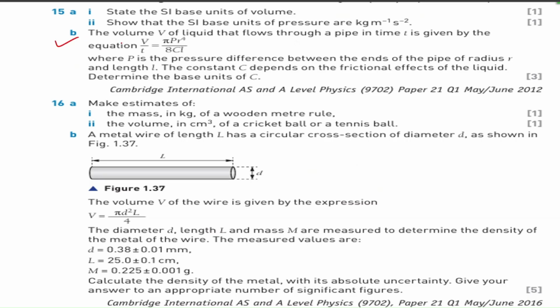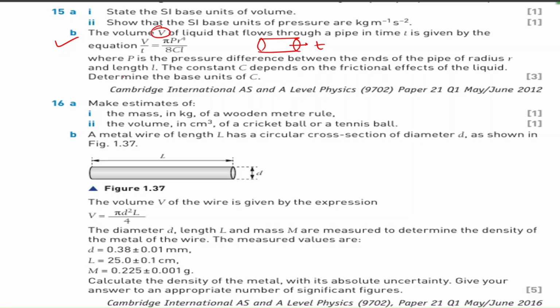Now in section B, they ask about the volume V of the liquid that flows through a pipe in time t, given by an equation. There is a pipe, and the volume V of the liquid flows through the pipe in time t, given by this formula.